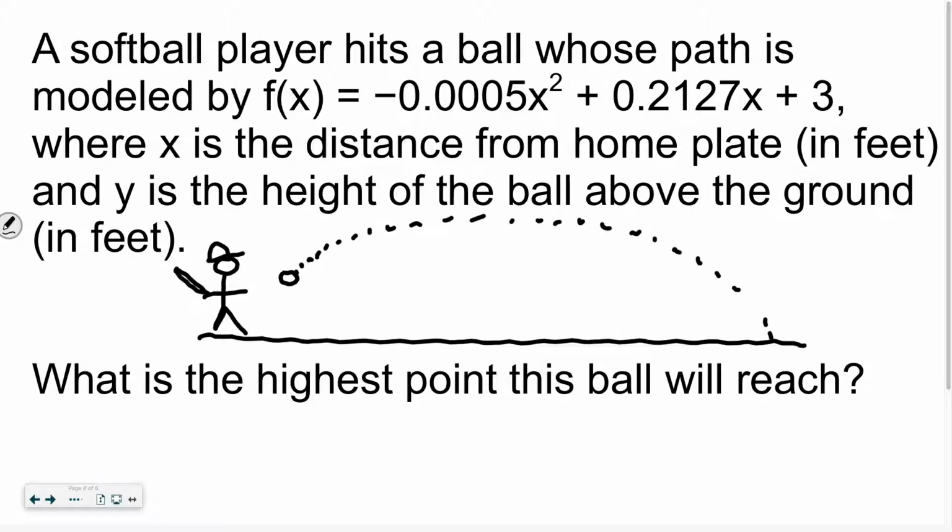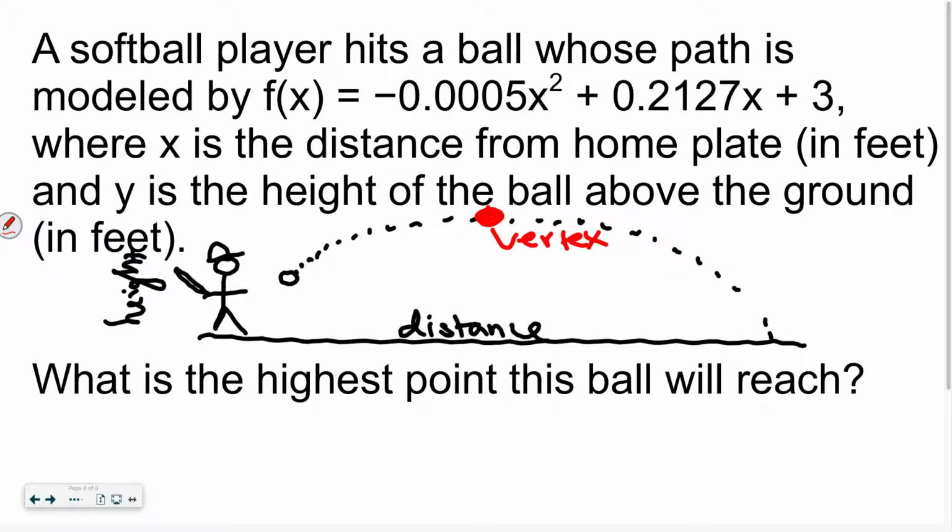Okay, so we'll say distance. Here we can say height. What's the highest point the ball is going to be at? Can you see it in your picture? And Isabella said it's at the vertex.